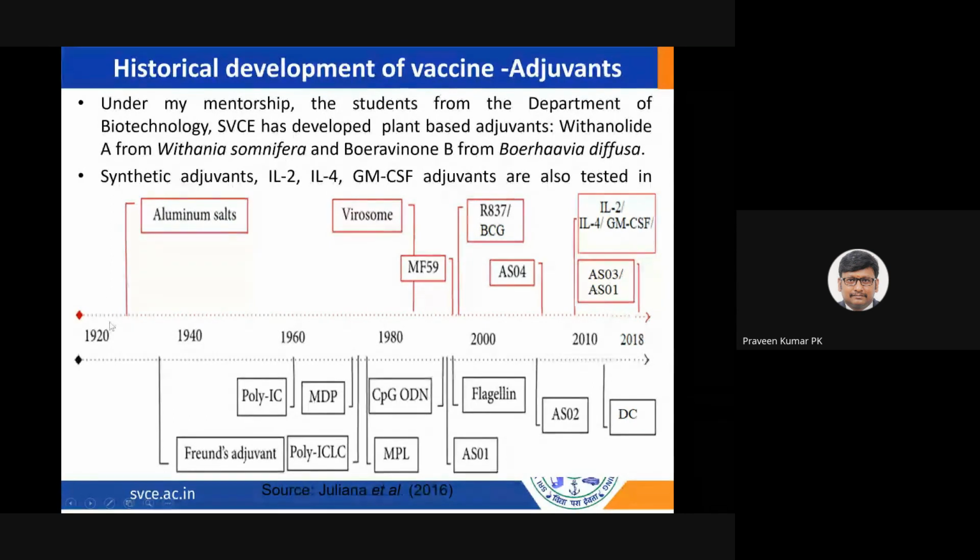Earlier, in the 1930s and 25, something like that, we got alum, aluminum salts, especially alum, aluminum phosphate, so many kinds of aluminum salts, which came into existence to increase the efficacy of vaccines. Later, we got Freund's adjuvant, and other kinds of particles and biological molecules.